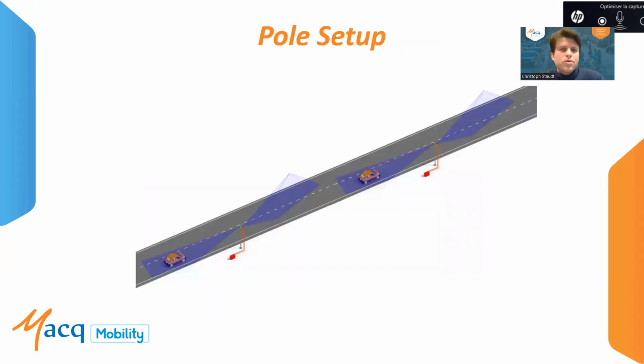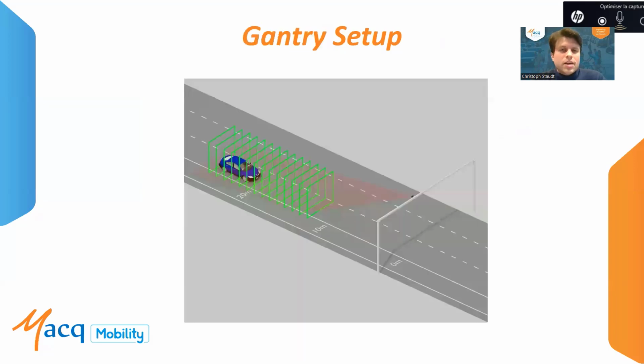From the setup point of view, you have the possibility to put it on a pole next to the road. Our solution can recognize the vehicles from the front or from the rear, so both are possible. The second, more or less common setup is the gantry, on top of the road. And here what you can see additionally on the picture are the green squares.